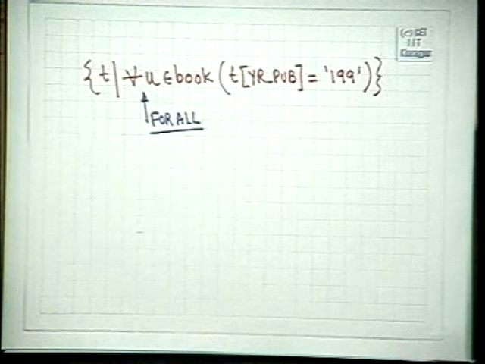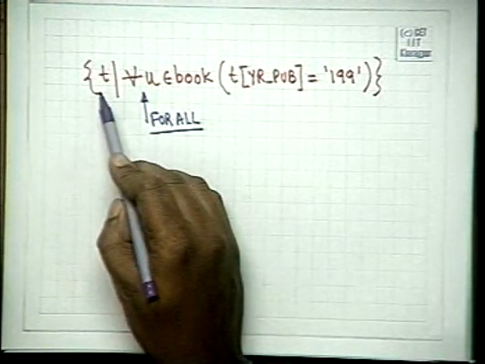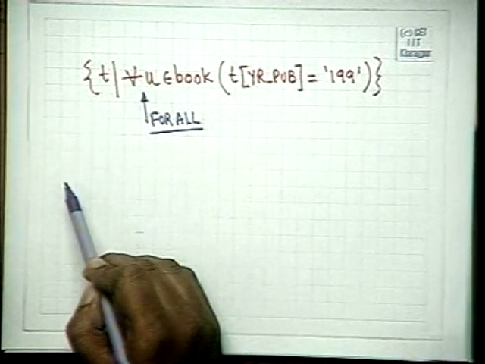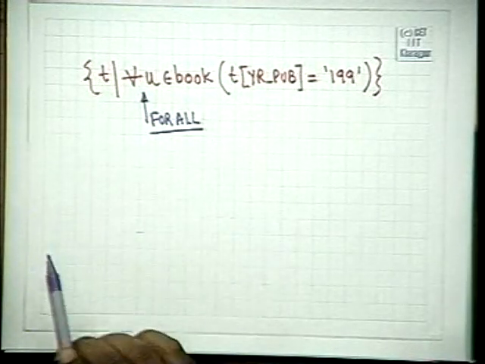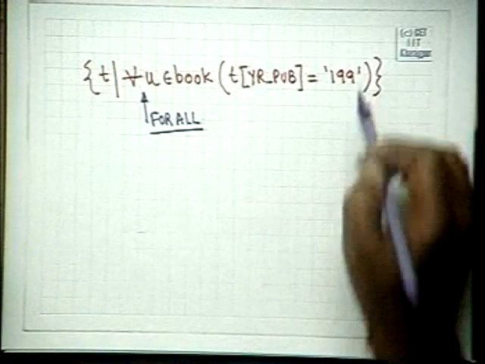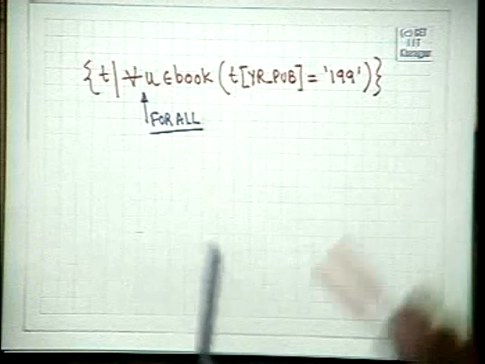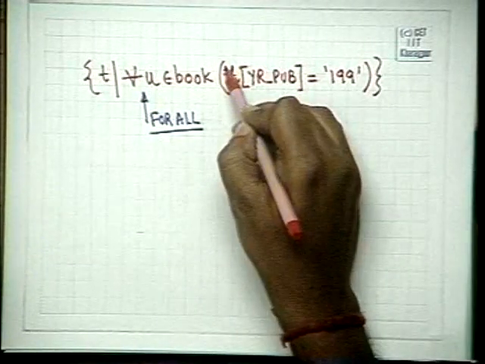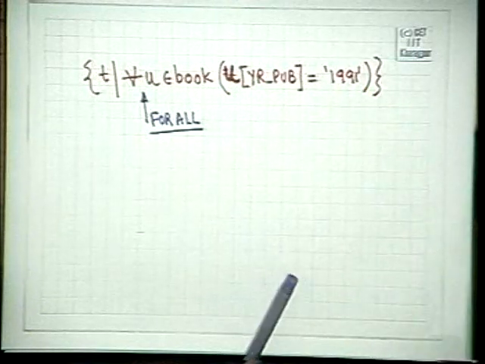This means that every tuple in T must satisfy what? Given a tuple in T, the year of publication must be such. Sorry, this should be U. This is 1991.